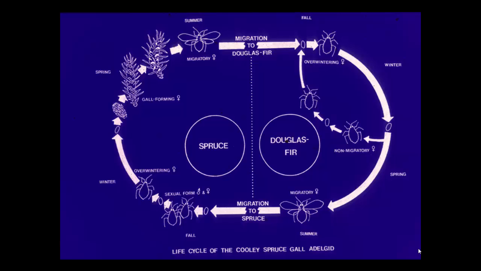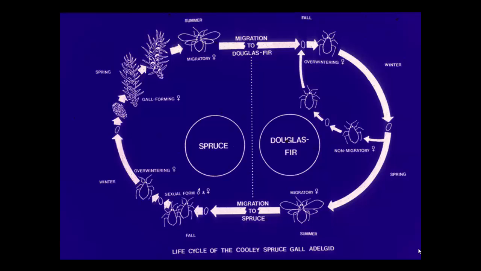Because this is an insect that has two hosts, and after it leaves the spruce tree, it does go to Douglas fir. If the spruce tree is going to be reinfested, it's going to be reinfested by a totally new consort of aphids that have originated from a Douglas fir, not from the previous plant.